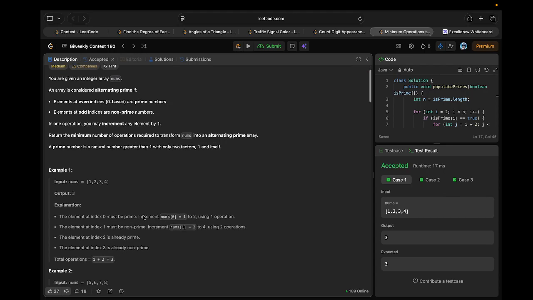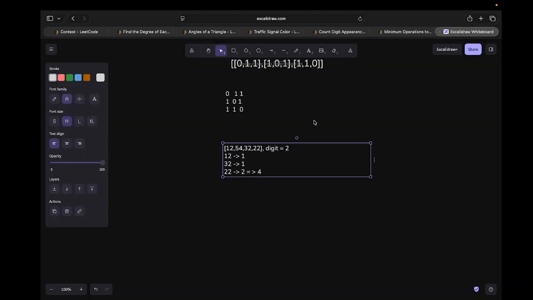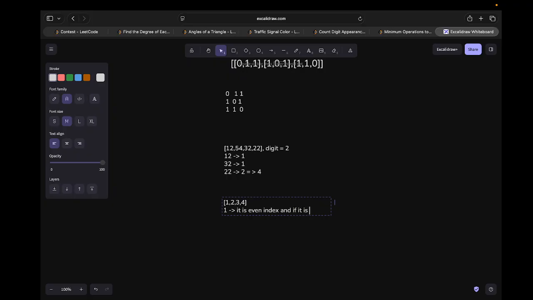A prime number is a natural number greater than 1 with only 2 factors, 1 and itself. So I don't think this is too difficult, right? Element 0 must be a prime, so increment it by 1. At every point, if you are given an array, you just have to check if it is an even index and if it is prime or not.